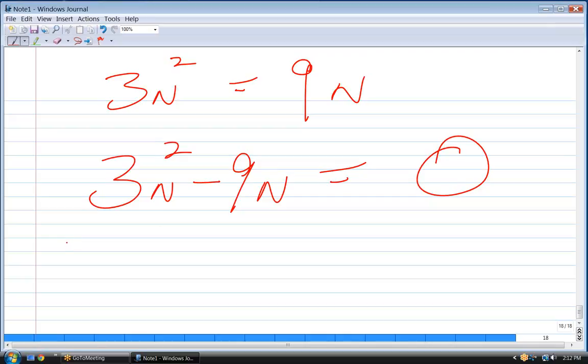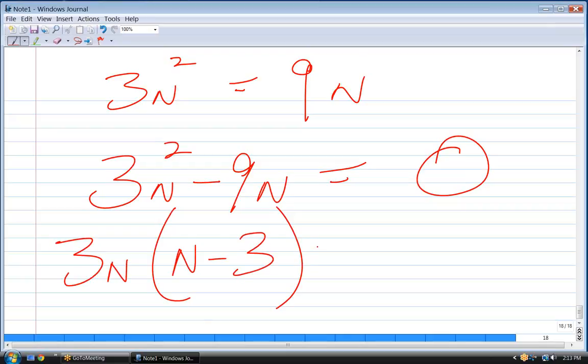So then it would be 3n, and then on the inside it would be n, and then it would be minus 3n. Or just 3, my bad. You see why it's just 3? Okay. Now let's solve it.